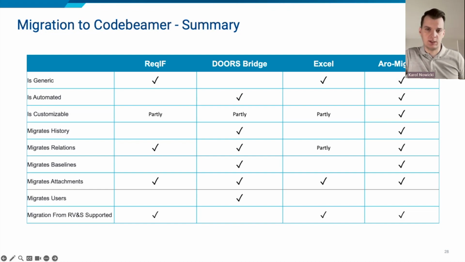And the only limitations we can have in Aro-Migrator could be caused by the systems to which we are connecting. And next, below these three aspects, you can see the comparison of data types migration capabilities. As you can see, the methods are various, and it strongly depends on the case which of them are best to be used.